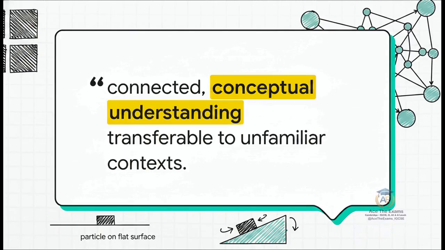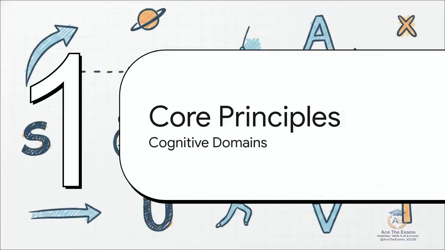Let's say the question introduces a particle moving on an inclined plane instead of a nice, easy, flat surface. A junior panics. An executive adapts. Your examiner wants to see that your theoretical architecture isn't just memorized fluff, but rests on precise definitions and genuine causal relationships.